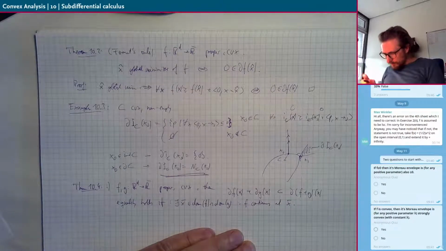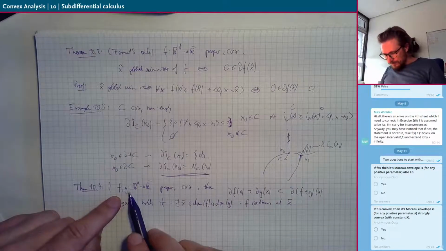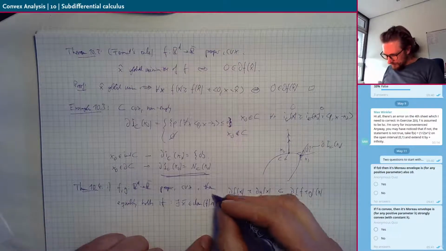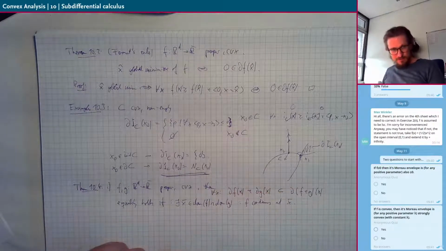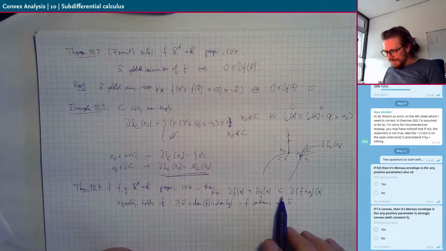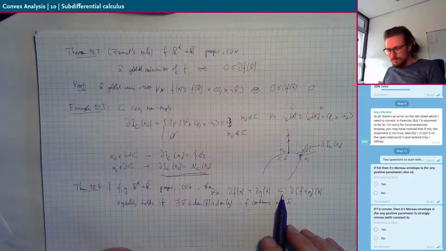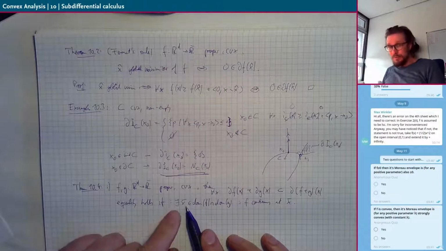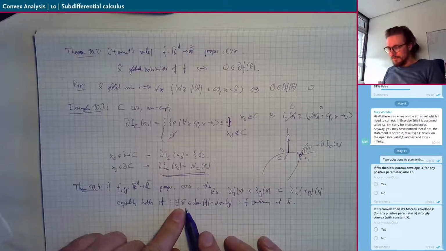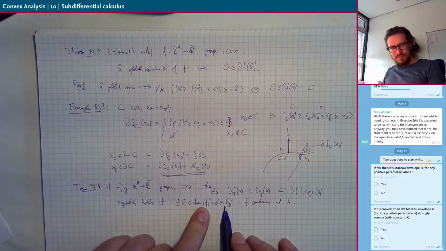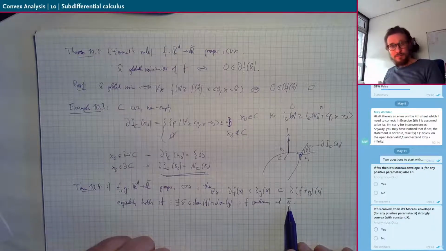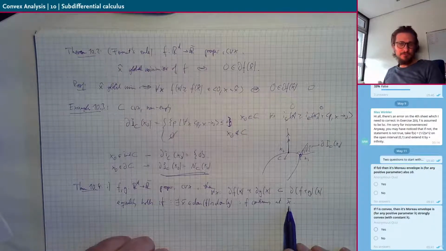I forgot one thing, so let's start again. f and g are convex and proper. For all x, the inclusion holds, and you have equality for all x if there is some point, totally unrelated to this x, where both functions are simultaneously finite, and one of the two functions is continuous at this arbitrary point.